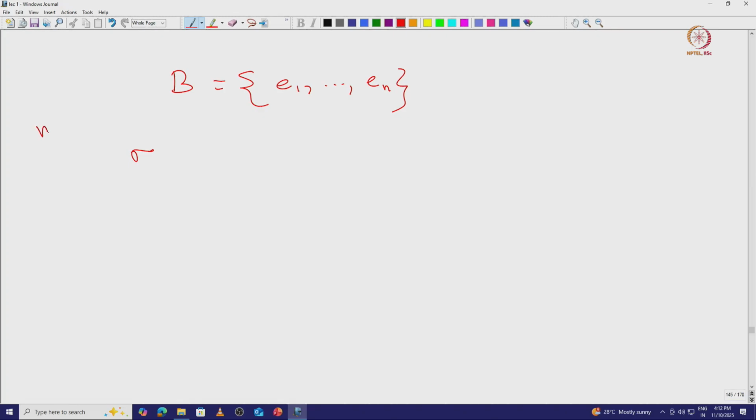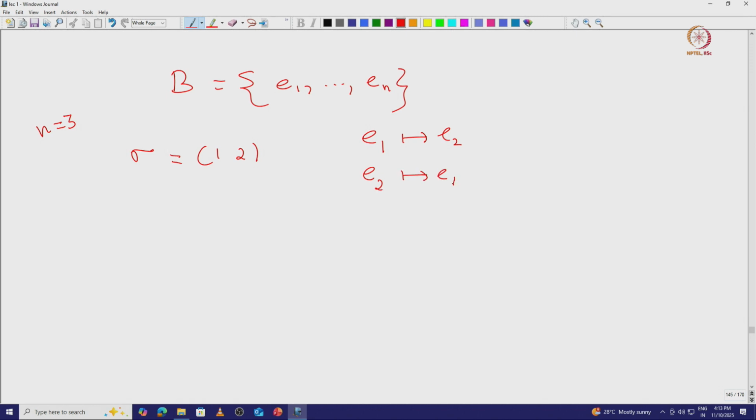So, let us take n to be 3, and if we take sigma to be the transposition (1 2), then we can easily see that E1 is mapped to E2 and E2 is mapped to E1.